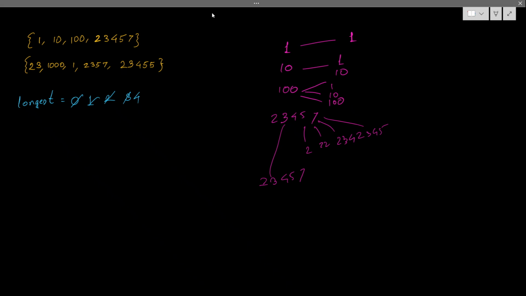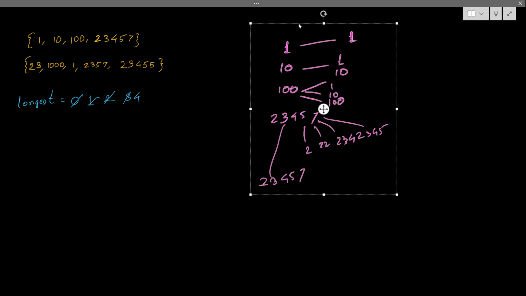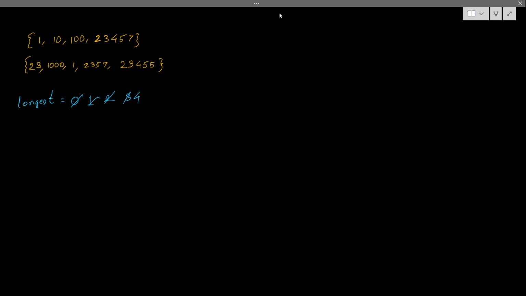Okay. Now, how could we find out the unique prefixes of my first array? I need a unique set of numbers, right? So we use a hash set, or something, but it is a set. So this is my set.